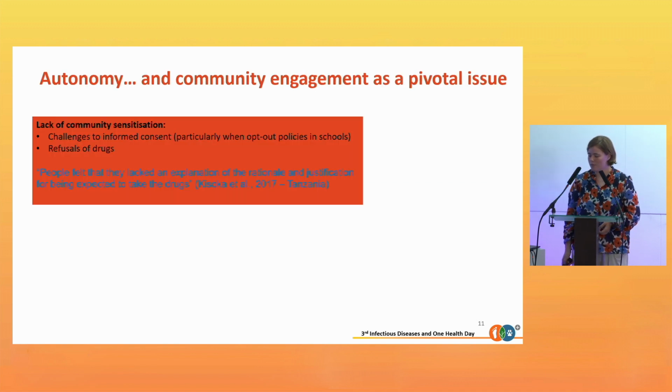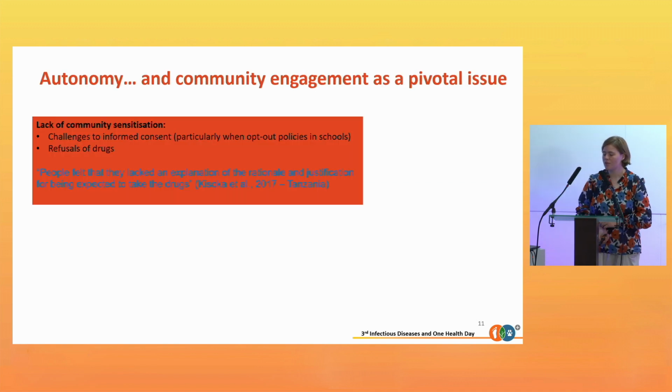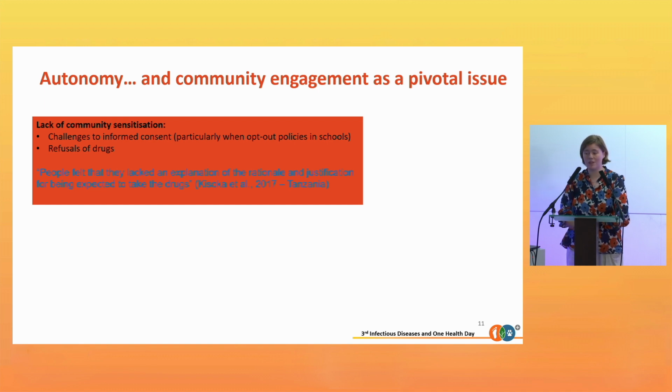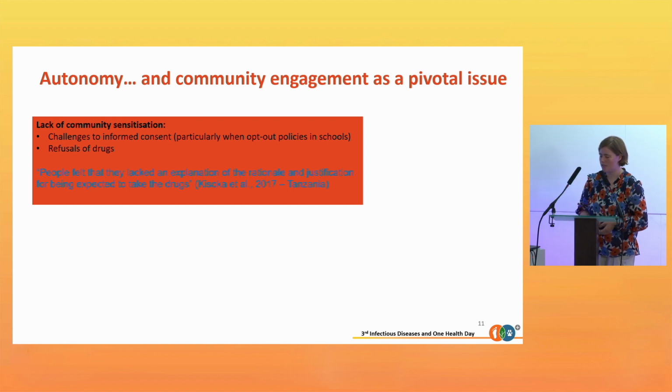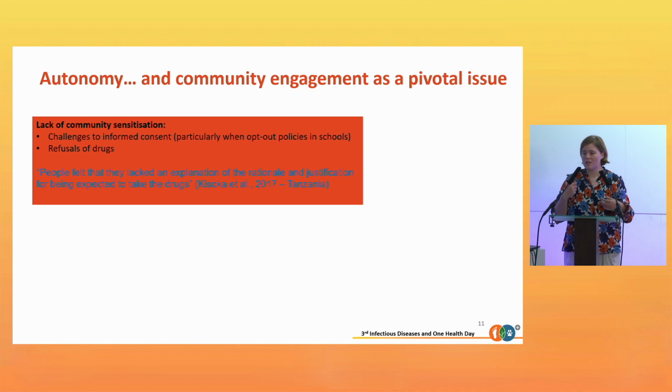In terms of autonomy, many authors criticize the lack of community sensitization that is done around this MDA. Which means that there is a challenge, of course, to informed consent, because if you're not informed, you cannot consent properly, right?